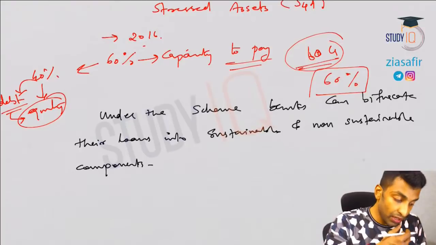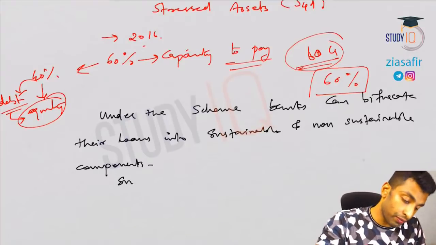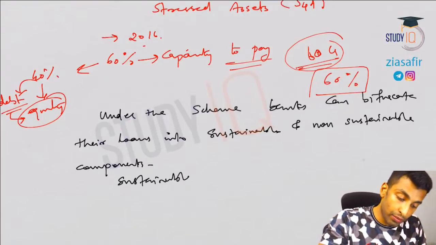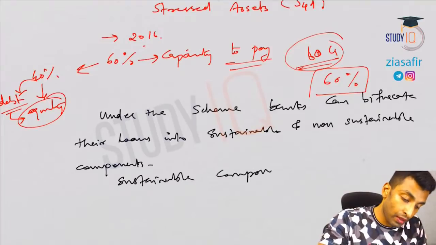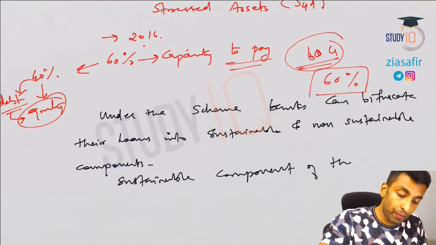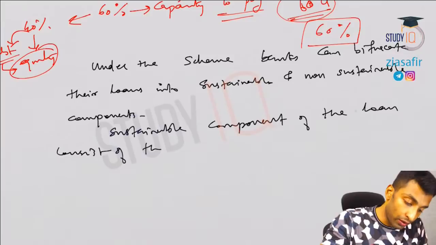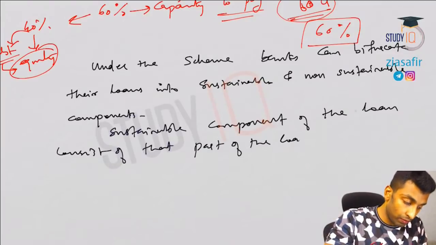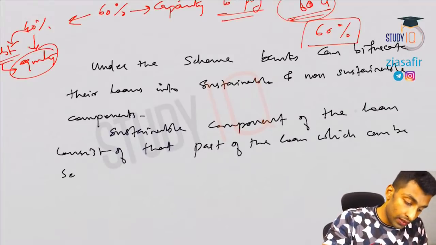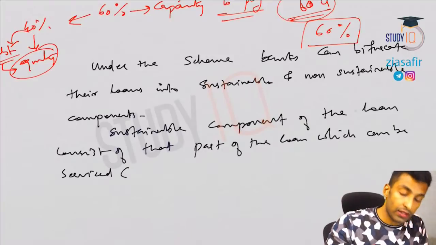The sustainable component of the loan consists of that part of the loan which can be serviced. Service means paid back.